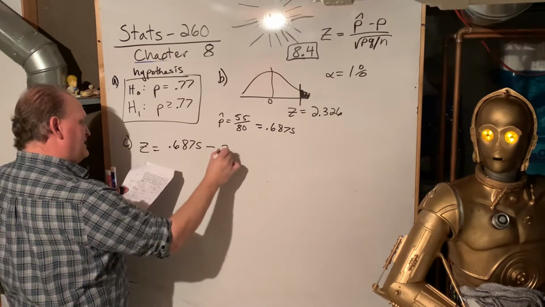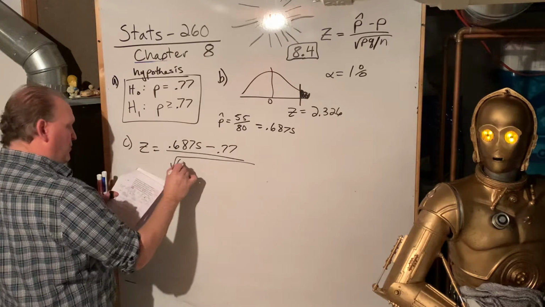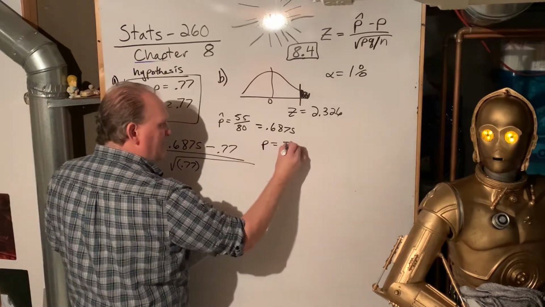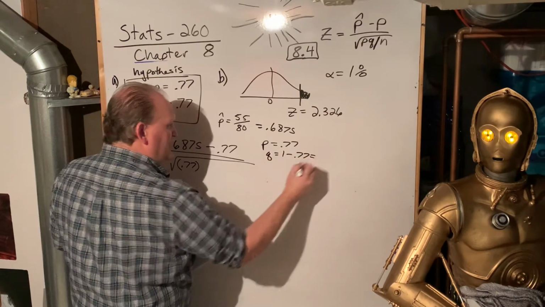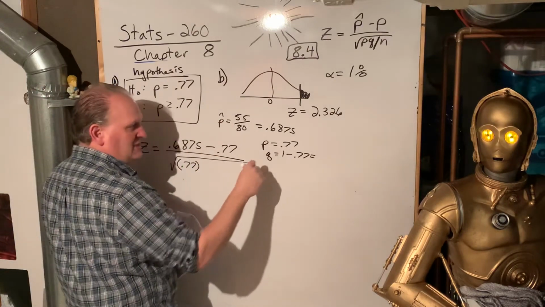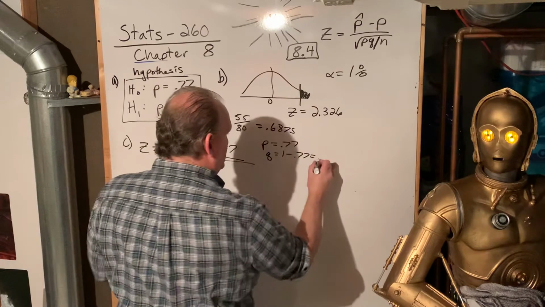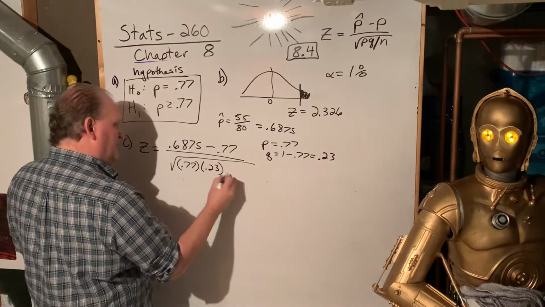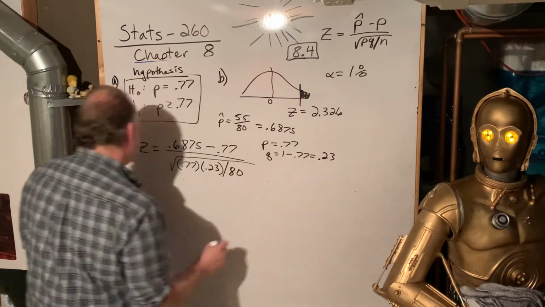0.6875 minus 0.77 over the square root of 0.77 times Q. Now remember, p is 0.77, so q is 1 minus 0.77. That's always based on p and q, not p hat. That's not a q hat. So that is 0.23, and then divided by 80 people.